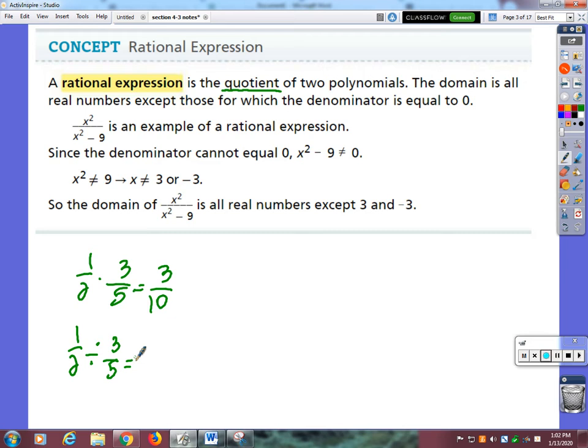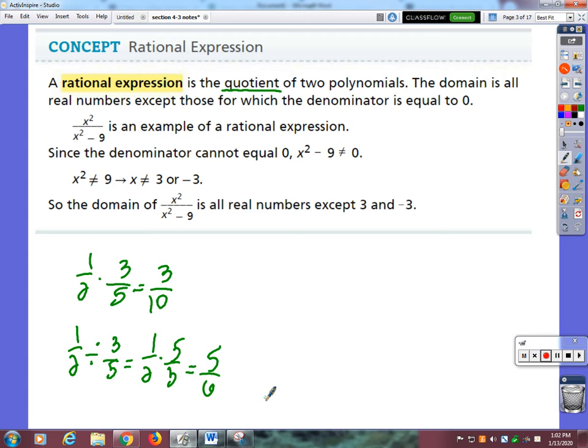What do you do in that case? Right, good. You multiply by the reciprocal. So it's basically a multiplication problem in disguise. You just have to rewrite the second fraction upside down, and then you do the same thing you do when you're multiplying. You just go 1 times 5 is 5, and 2 times 3 is 6. So that's easy peasy, okay?